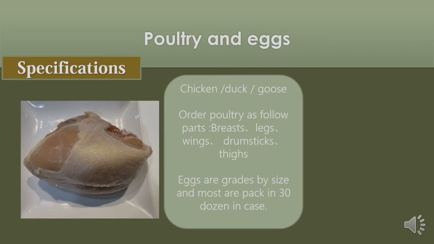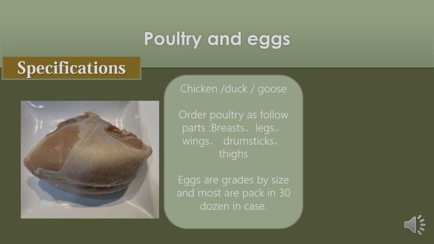If you want the bones, of course the breast has bone, but leg, wings, and drumstick, they all have bones inside. And in Taiwan, we have white chickens and also black bone chickens. Ducks are the same, and goose the same.